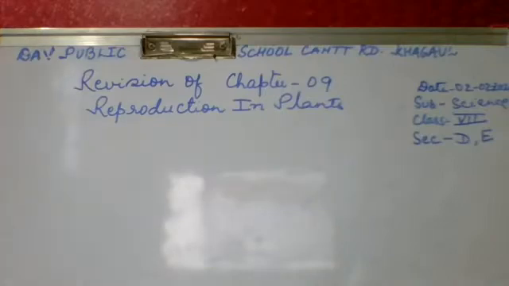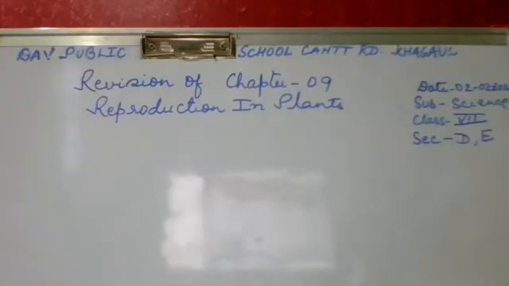Okay. Then I asked a question yesterday: what are the different reproductive organs present in a plant? So Abhi, I want the answer from you. Ma'am, can you repeat your question? What are the reproductive organs present in a plant?